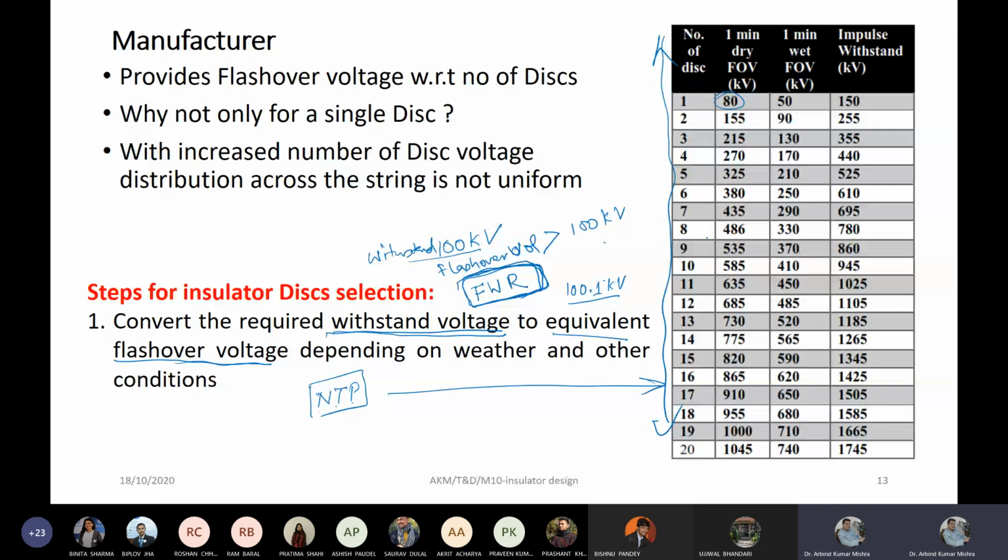So based on the atmospheric condition to which your insulator is expected to be exposed, you have to consider the worst condition.